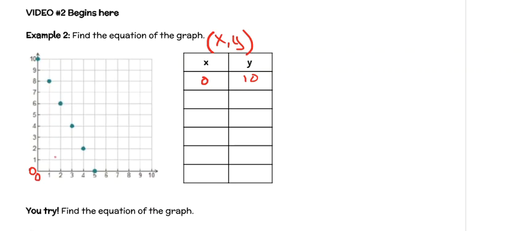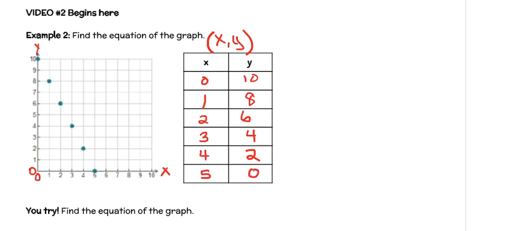This second point over here, X is 1, and remember this is X, and Y. Okay, if the X is 1, the Y is 8, X is 2, Y is 6, X is 3, Y is 4, X is 4, Y is 2, and down here, X is 5, and because it's on the X-axis, the Y is going to be 0.